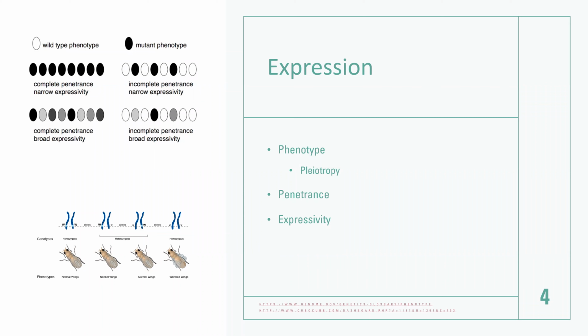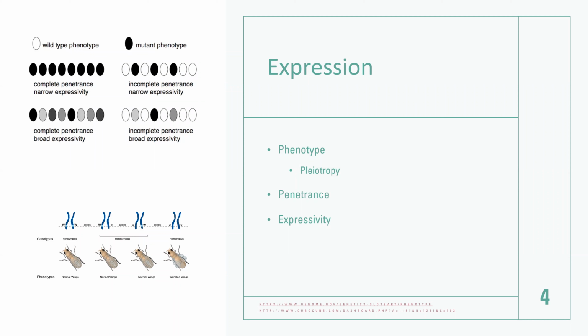So let's say in a population, 100 people have that gene, but only 50 people actually express that gene or show a phenotype for it. That's not complete penetrance. That's, let's say, reduced penetrance, where not everyone that has the gene in their chromosomes exhibits the effects of that gene.